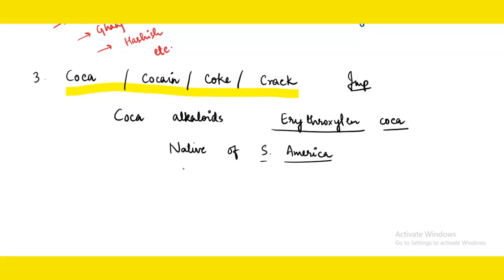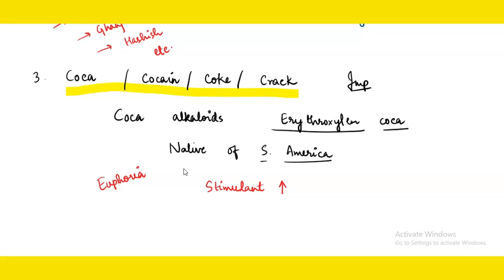Now this coca alkaloid, which is being extracted from the Erythroxylum coca, it produces euphoria in the body. Means extra energy is developed because it is a stimulant. Very important to learn that it activates our body, it increases the blood circulation, and the body becomes more energetic.